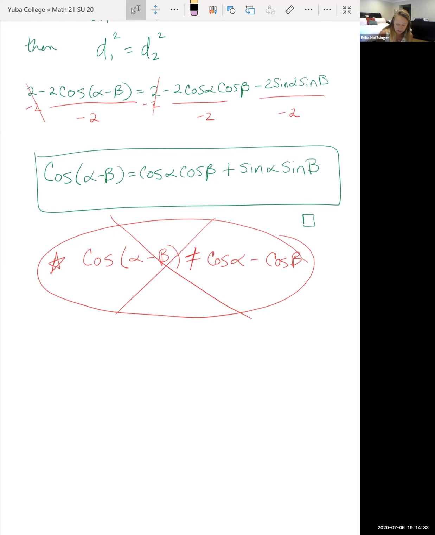What if we were trying to prove cosine of alpha plus beta? Well, we know what cosine of alpha minus beta is, so let's just rewrite this a little bit. We can rewrite a plus as a minus and negative. And so we could rewrite this as cosine of alpha minus a negative beta.